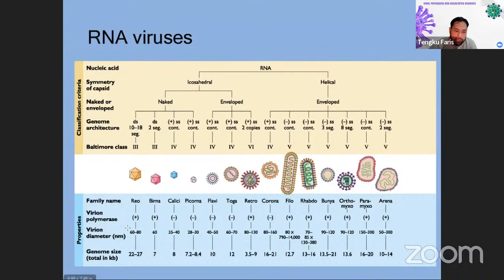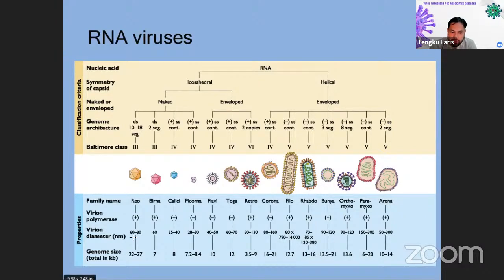Okay, and of course, if you look here, RNA viruses include family names like reovirus, birnavirus, calicivirus, picornavirus, flavivirus, togavirus, retrovirus, coronavirus, COVID-19. Here, filovirus, rhabdovirus, bunyavirus, orthomyxovirus, paramyxovirus, and arenaviruses. And you can see that the virion diameter is the range of the size.